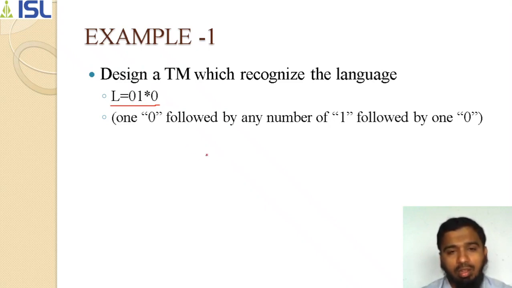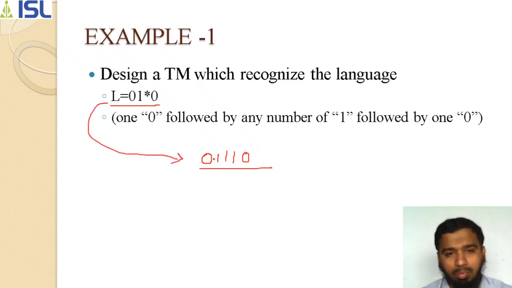So, 0 1 1 0 1 0. How will it take? Like the first one is 0, as it is telling 1 0 followed by any number of ones, like 1, 2, 3, any number of ones, and followed by 1 0. Based on this language we can create the input string in this format. Okay. So, we will take this example and solve it with Turing machine. So, what is the example?